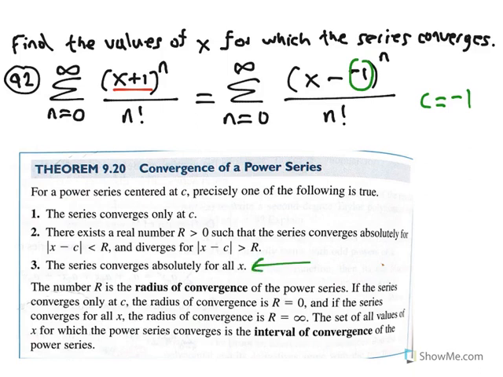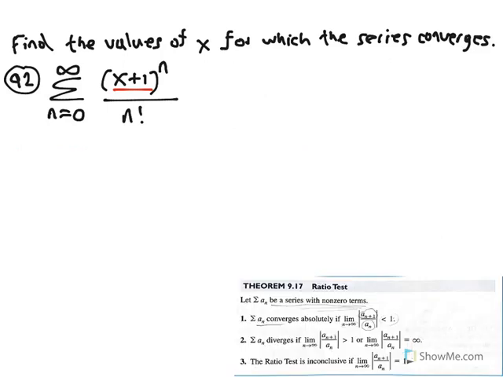This example will demonstrate the third case from theorem 9.20, that the series will converge absolutely for all x. To determine the values of x for which this power series will converge, we'll use the ratio test. So we need to begin by forming this limit from the ratio test and find the values of x that would make that limit less than 1.